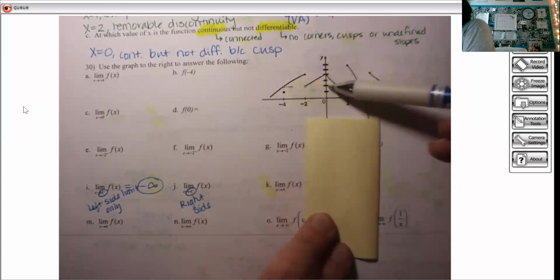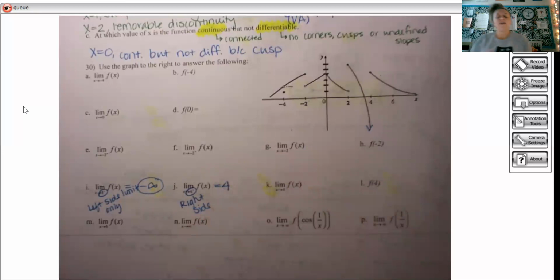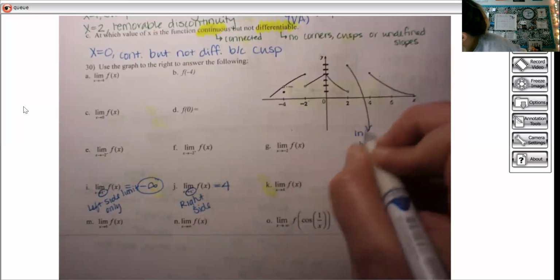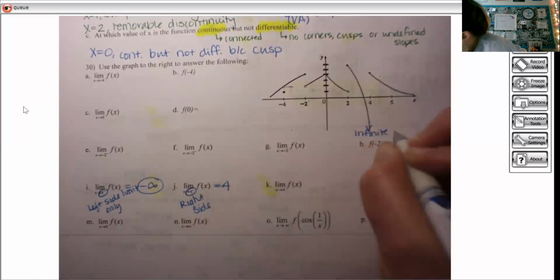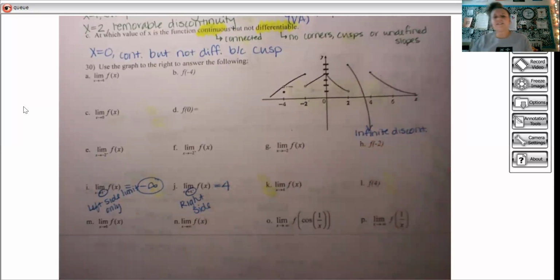What is that? 1, 2, 3, 4. Now, in case you care, this is still an infinite discontinuity. It doesn't have to be an asymptote on both sides. It just has to be approaching infinity on one side to be classified that way.